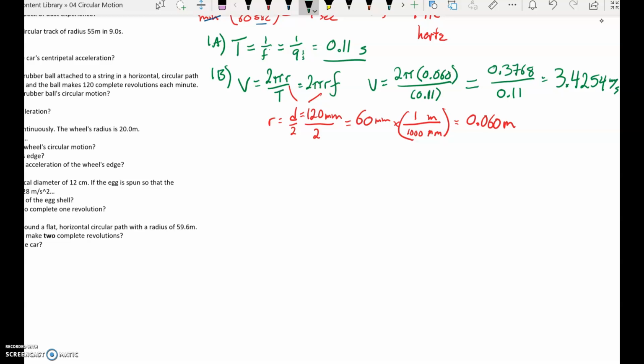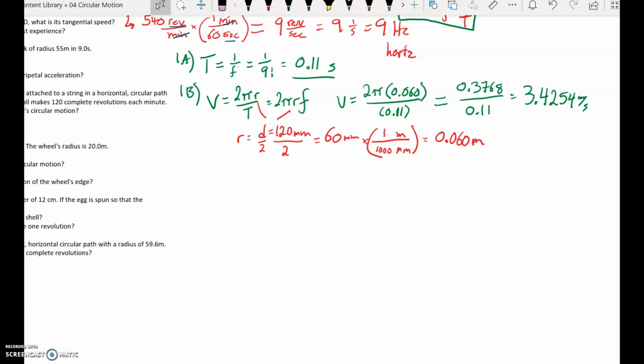So again, giving my answer to 2 sig figs, I get a speed of 3.4 meters per second.